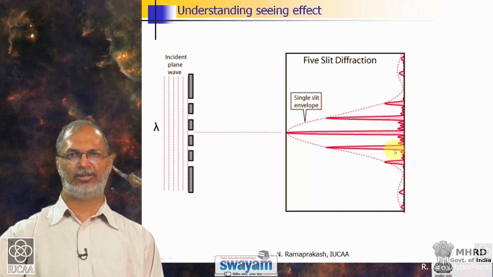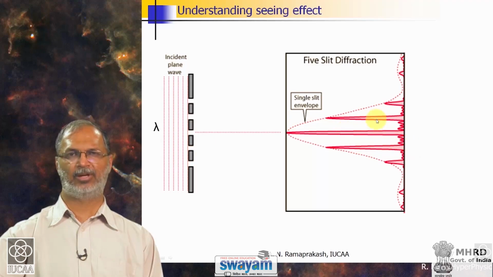This does not look like an Airy disk pattern, but it is the combined effect of the light diffracting at each of these apertures and forming this illumination pattern on the far screen. Now, you can see that there are multiple structures here. This does not look like the simple Airy disk pattern with a central brightness and rings around it.